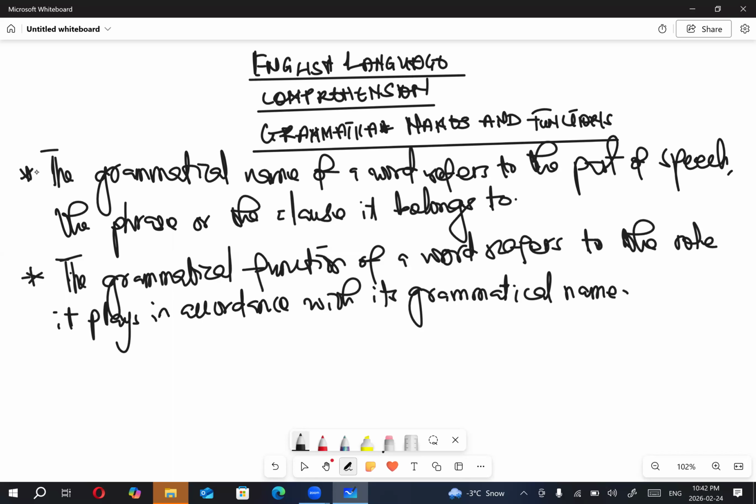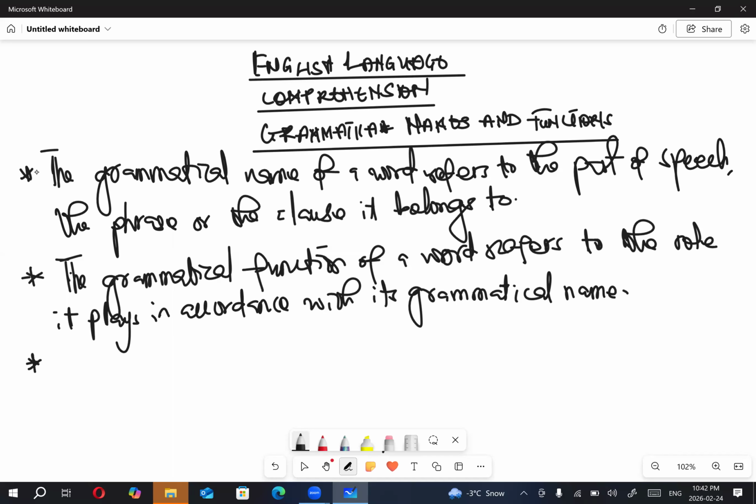If you were here in the previous session, just follow through. Today we'll have a lot of discussion on this. We'll talk about that more when we're done with grammatical names, but for now, let's keep it the way it is. When we ask you of the grammatical function, it is the role it performs in accordance with its grammatical name. Is that okay?